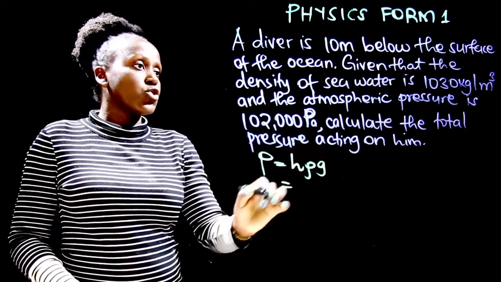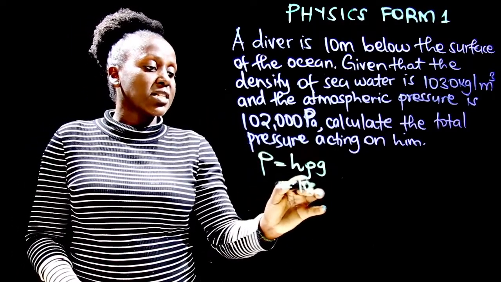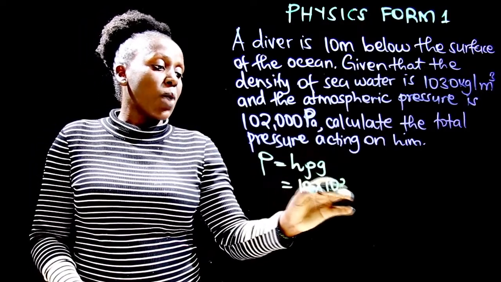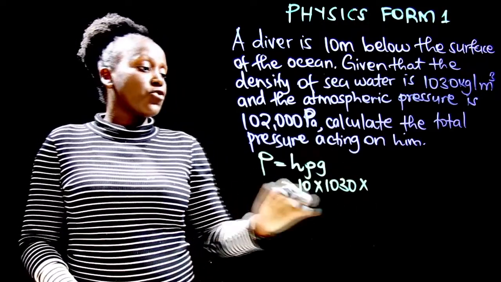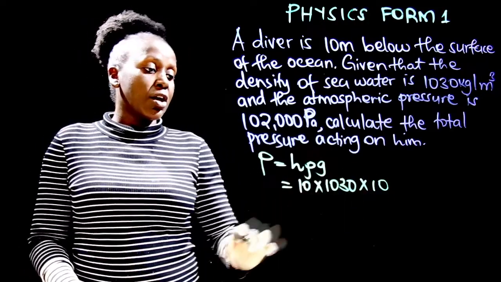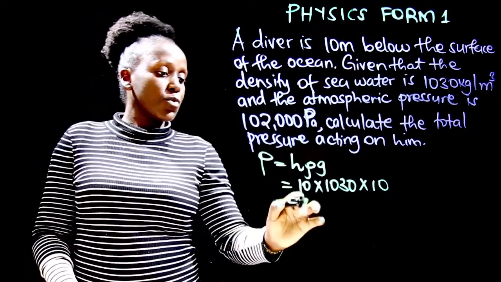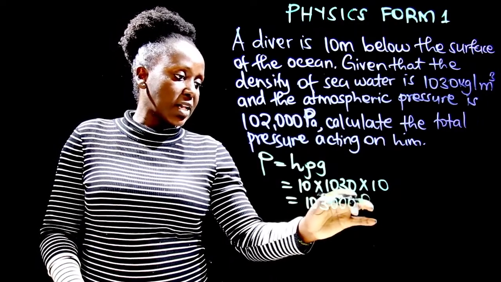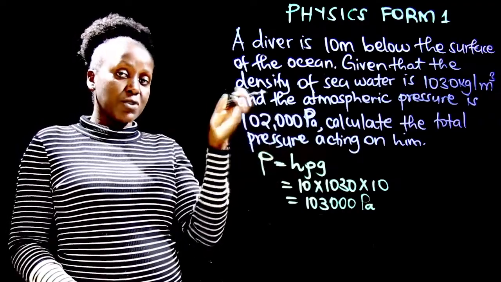Now this is equal to the height of water above the diver, which is 10 meters, times the density of seawater, which is 1,030, times the gravitational force, which is 10. So if you multiply this, you get 103,000 pascals.